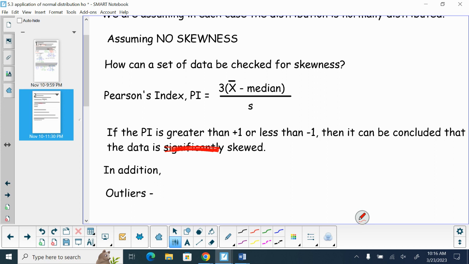If the Pearson index is greater than 1 or less than -1, it can be concluded the data is skewed. If you're greater than 1 or less than -1, you're going to have skewness.